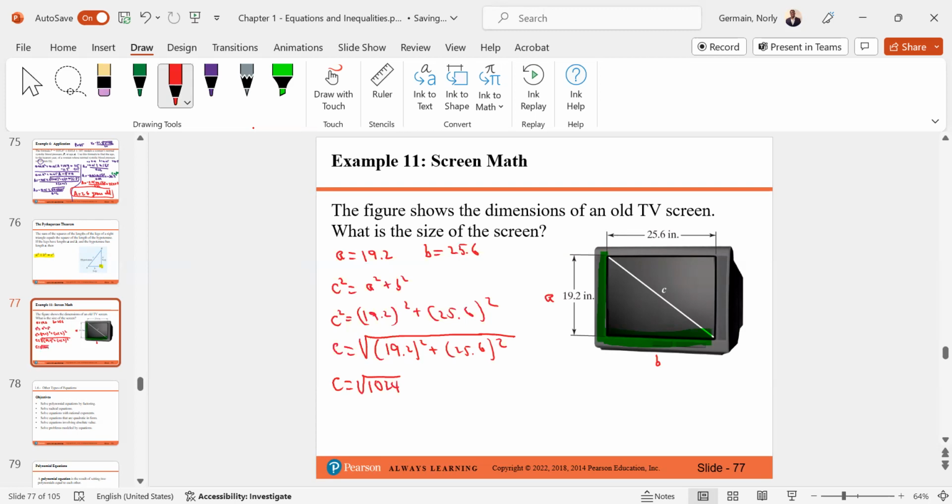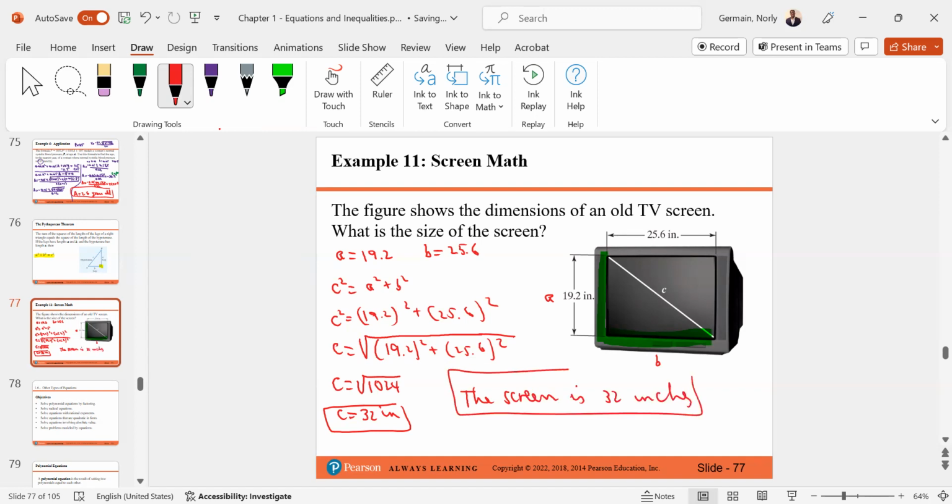When you take the square root, C equals 32 inches, right? So you can end up saying that the screen size is 32 inches, right?